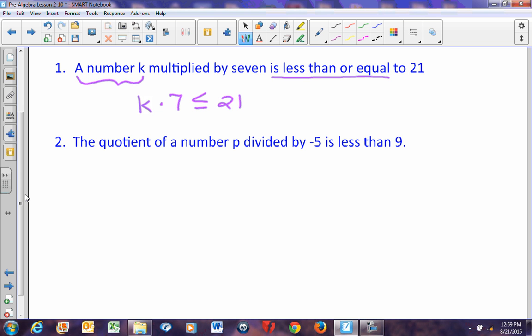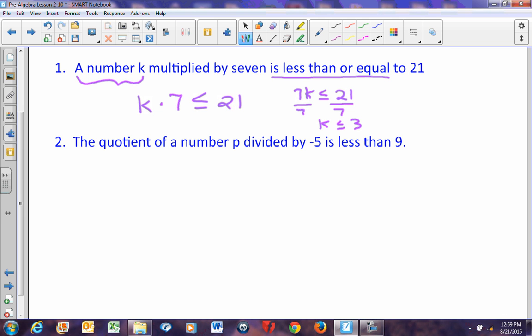Kind of an ugly looking equation. I'm going to do this a little bit nicer. I'm going to make this 7k is less than or equal to 21. That would be more algebraic because you normally put the number before the variable. So I have 7k is less than or equal to 21. I'm just going to solve this. Divide by 7. So k is less than or equal to 3.